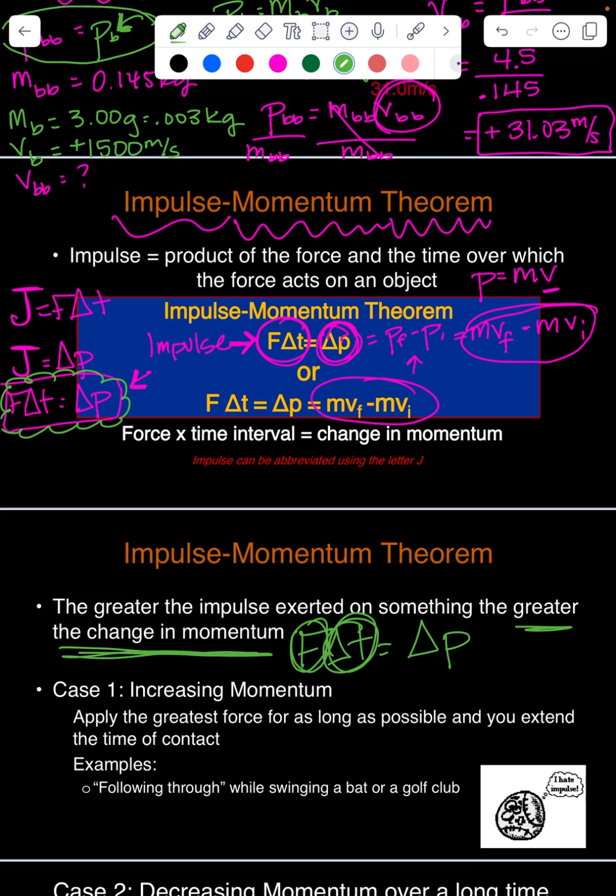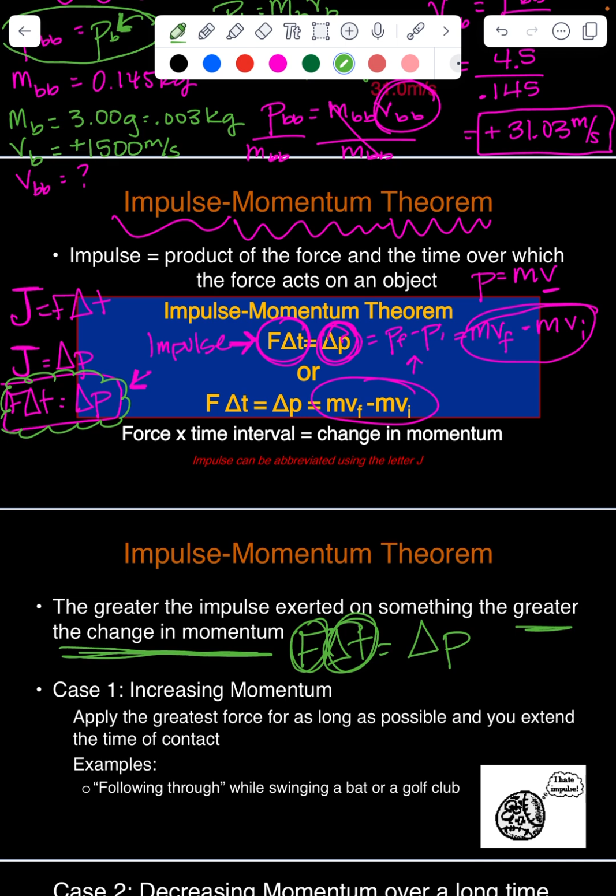So the way that we do that in those three scenarios, if you're playing baseball, you don't stop your swing as soon as the bat hits the ball. No, you're going to continue swinging all the way through. Same thing with golf. If you're trying to get it super far away, you don't just stop that golf club as soon as you hit the ball. You're going to swing through. It's the same thing on a tennis court.